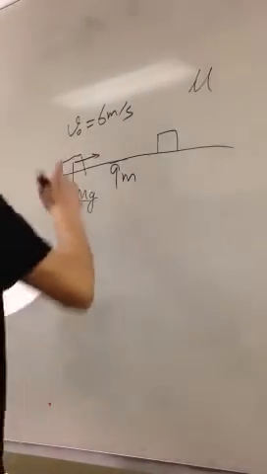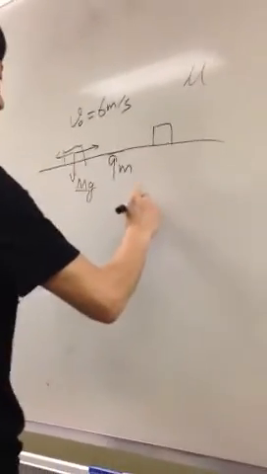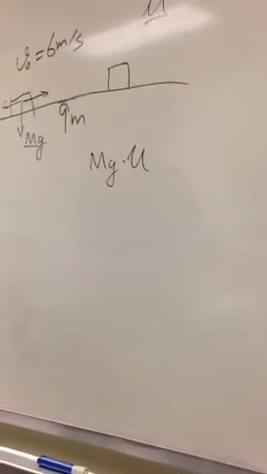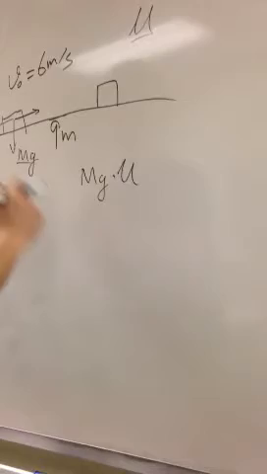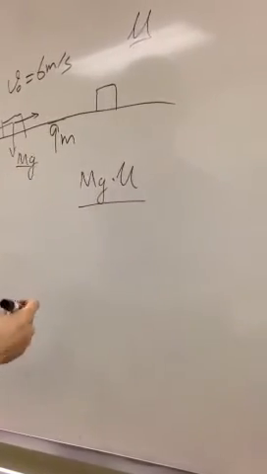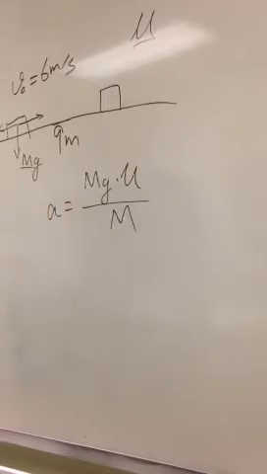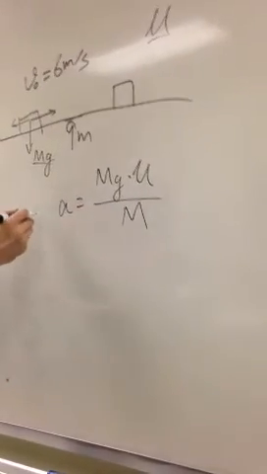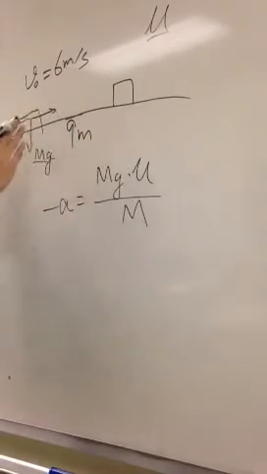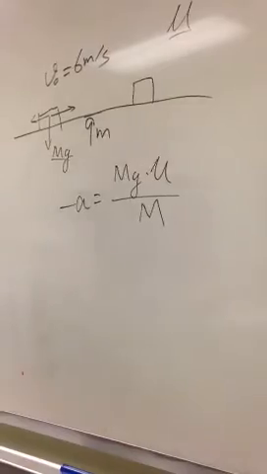So the friction will be mg times this coefficient, right? And it will give the object an acceleration of this, and it's negative because it will make this object stop, right?